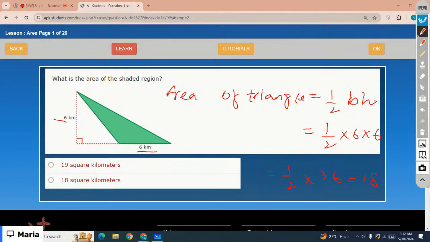So the area of the triangle is 18 square kilometers, right? The correct option is 18.